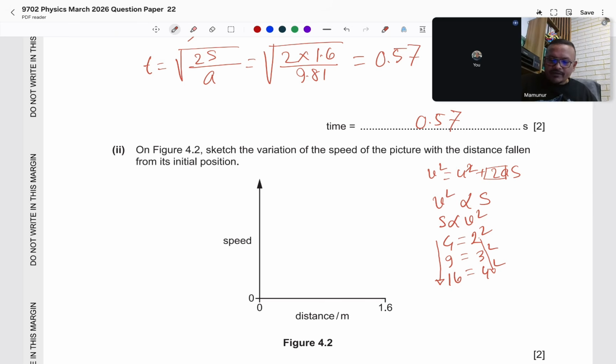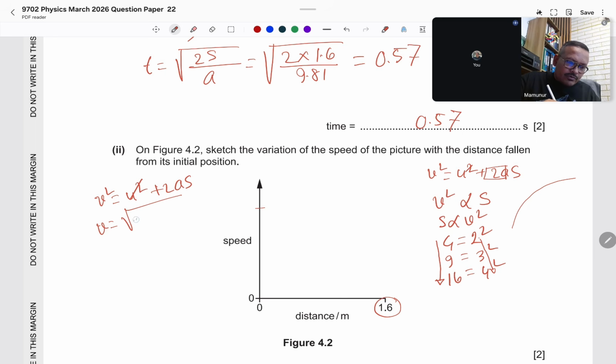Means the graph will be like that. But since 1.6 is given, I need a speed point here. What will be the speed at that point? We can use v² equals u² plus 2as. Distance is 1.6, so v equals root of 2 × 9.81 × 1.6, u is 0. We are getting 5.6.